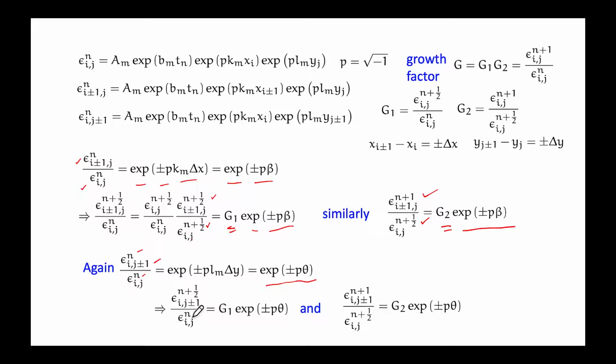But when I go from epsilon_ij^n to epsilon_ij^(n+1/2), I have G1 multiplied by exponential plus minus i theta. And in the same way, when I go from n plus half to n plus 1 with j to j plus minus 1, I have G2 multiplied by exponential plus minus i theta.